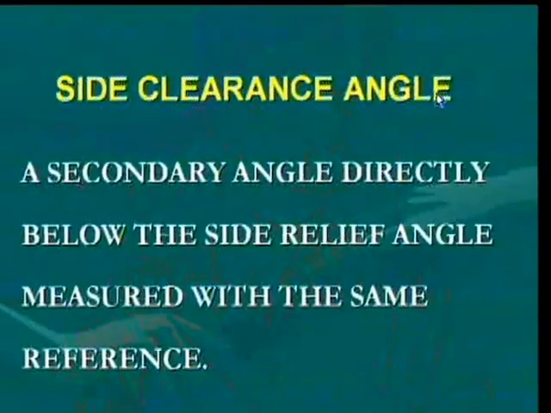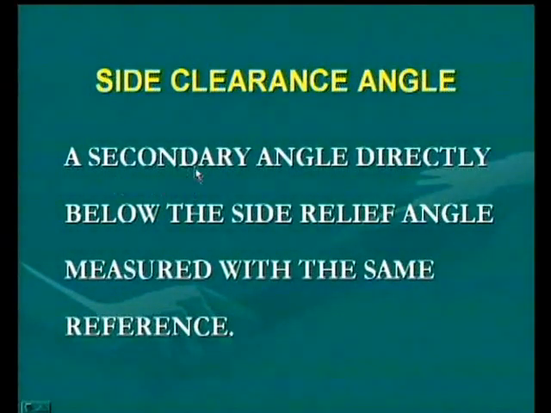So the side clearance angle, that's why it is called a secondary angle only, is directly below the side relief angle, measured with the same reference. The same reference means, what is the reference we have taken for measuring the side relief angle? The same reference is taken for side clearance also. So below the side relief, we have a side clearance.